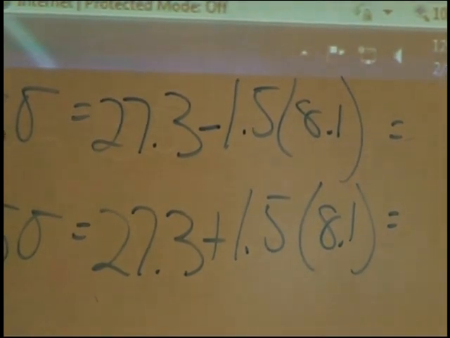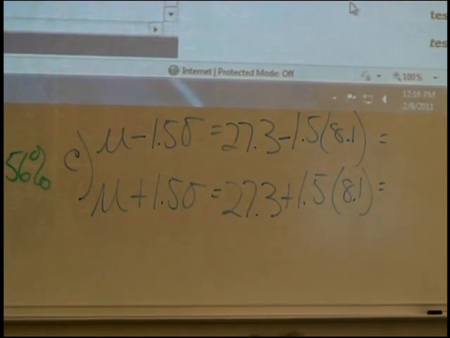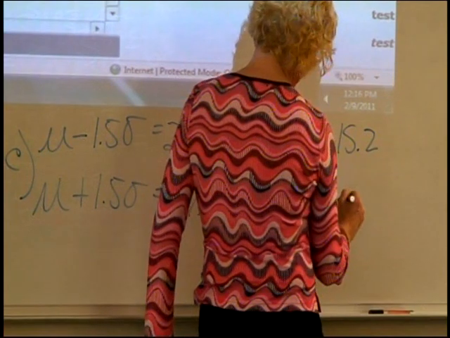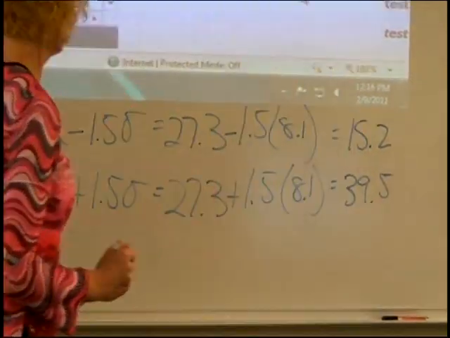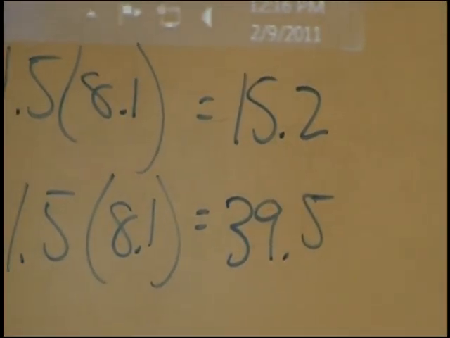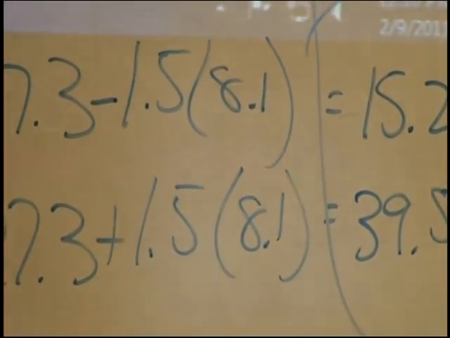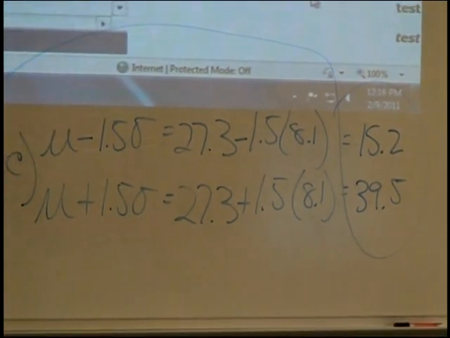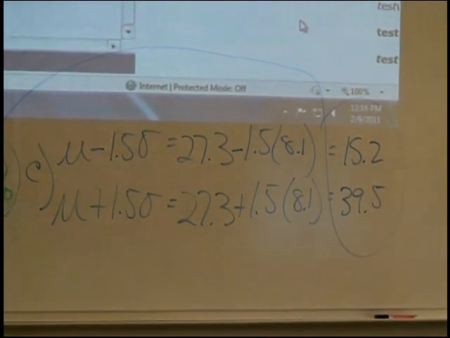So about 56% within what times? 15.15. Say 15.2. And 39.5 minutes. So at least 56% have commute times between 15.2 and 39.5 minutes. You guys with me? Questions? You doing all right? Okay.